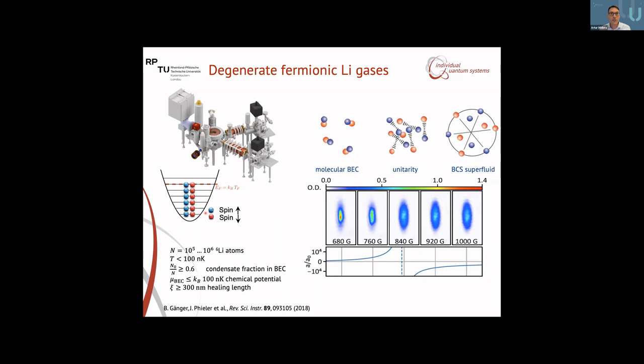One very nice feature of the lithium gas is that there exists a so-called Feshbach resonance. That means that just by tuning a magnetic field, we can change the magnitude of the interaction, but also the sign of the interaction. That is shown down here.